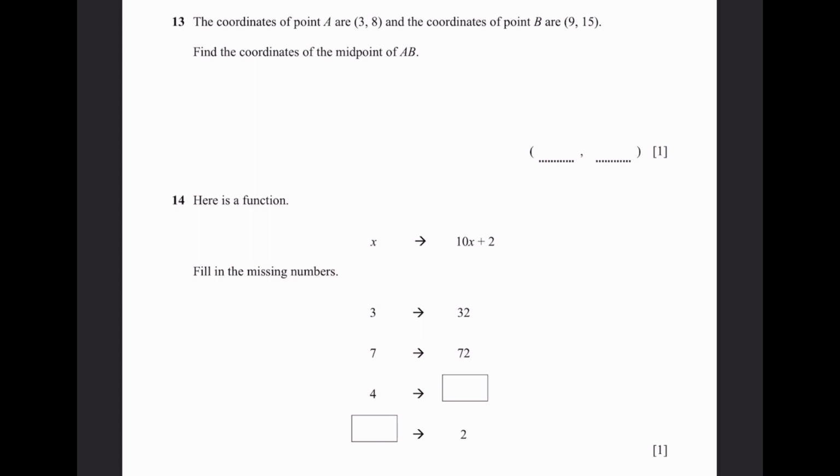The coordinates of point A are 3, 8 and the coordinates of point B are 9, 15. Find the coordinates of the midpoint of the line AB. So the midpoint will be mid x, comma, mid y.